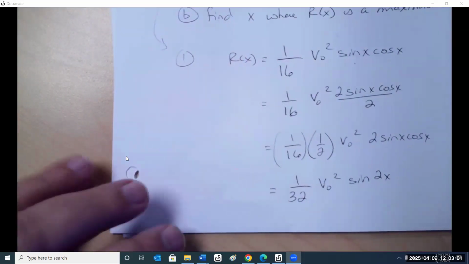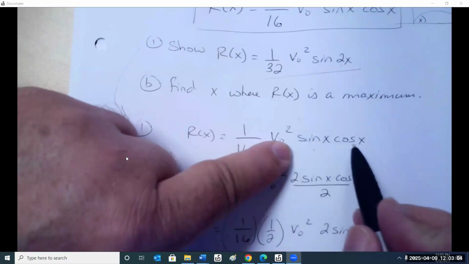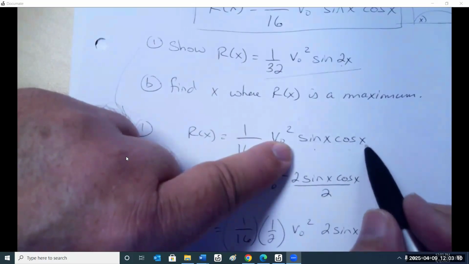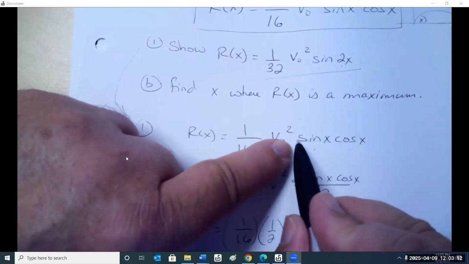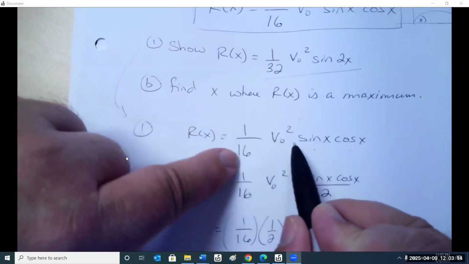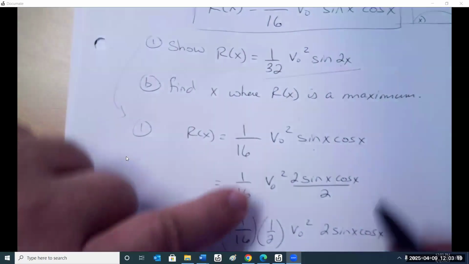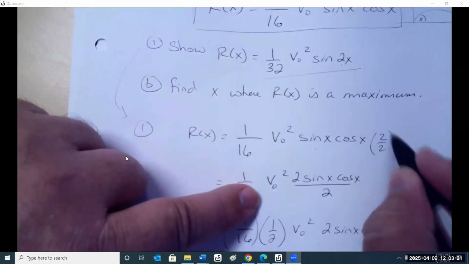Where does the 1/2 come from? Because we had sine x cosine x, and the formula for the sine double angle is 2 sine x cosine x. So we have to put a 2 there. If you put a 2 here, we have to put a 1/2 to get rid of that 2. So basically what we're doing is multiplying by 2/2.